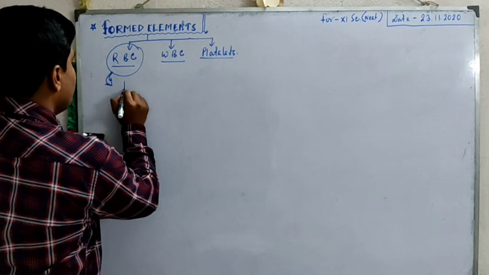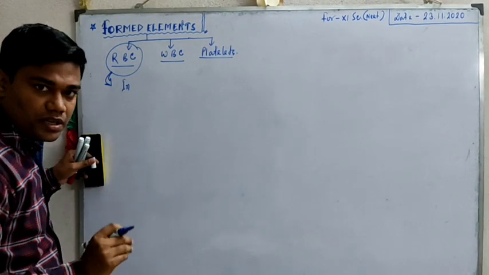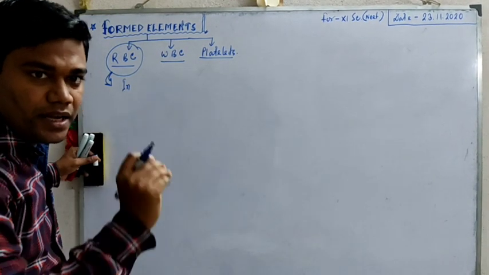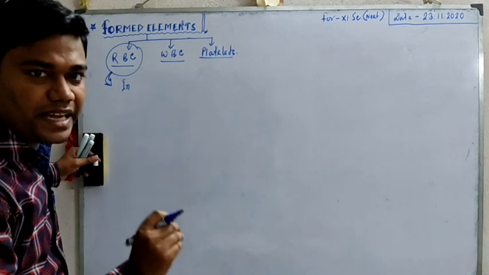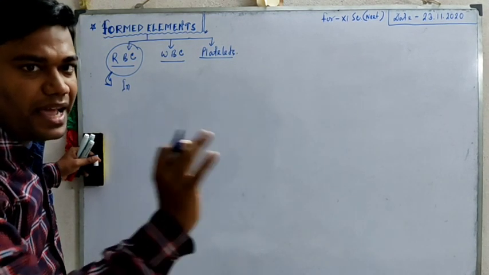First, the number. How many RBCs are present in an adult male and female?